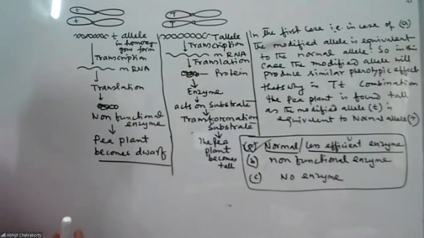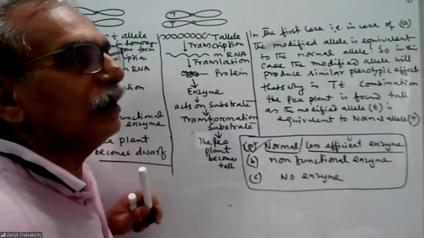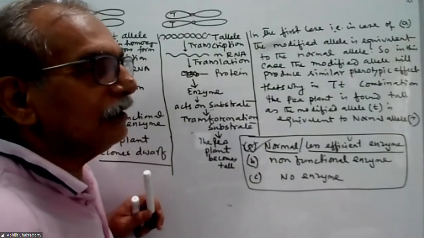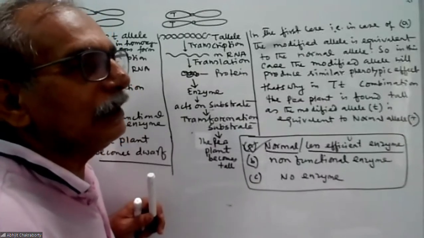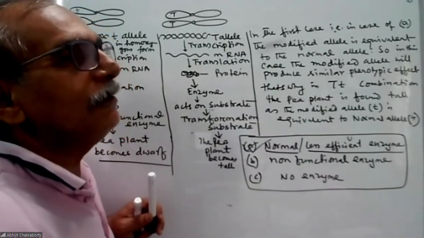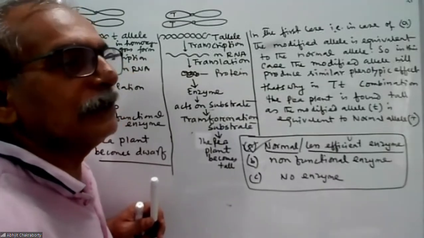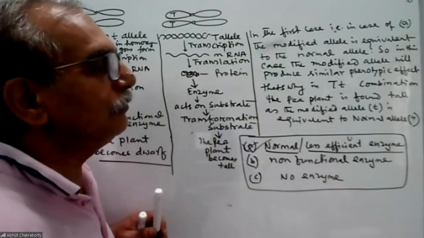So its phenotype is not affected when a modified allele is found along with the normal allele. Clear? Because whenever a modified allele is found along with the normal allele, the modified allele is going to produce the same phenotypic effect, as it produces either normal or less efficient enzyme. Clear? Is it clear to you?